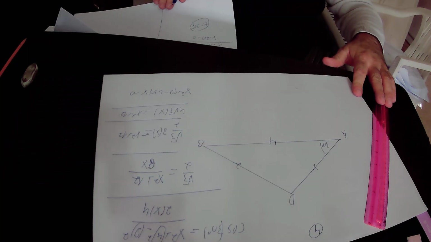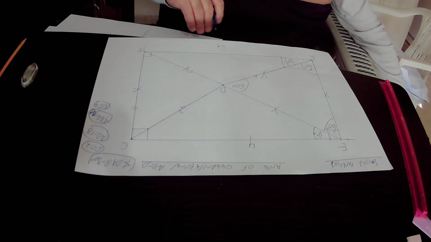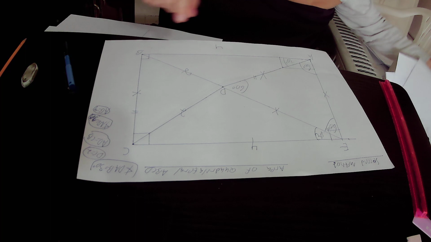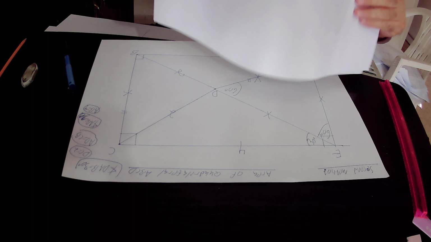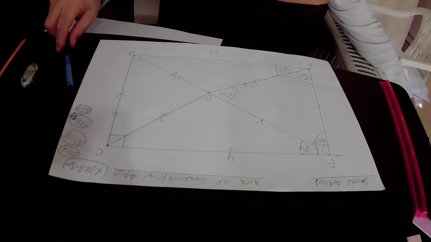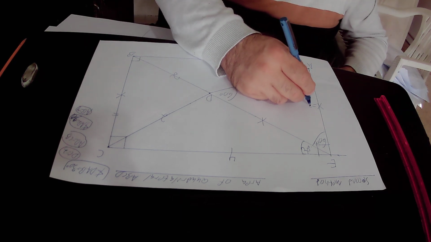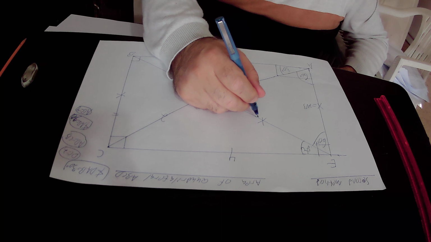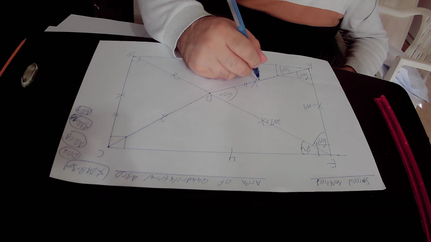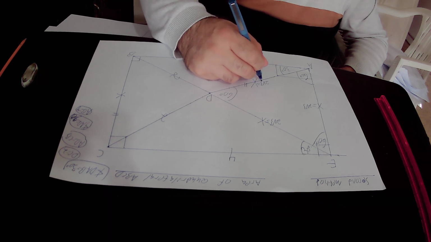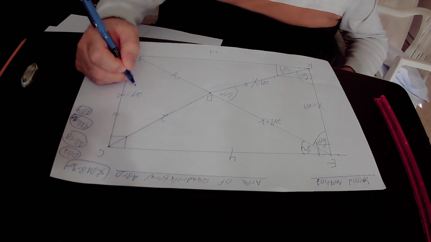So we can write here that x equals 2 times square root of 3 units in all the marked places.